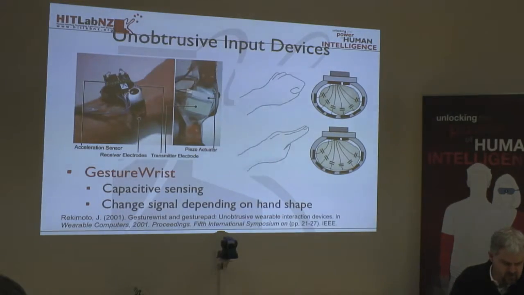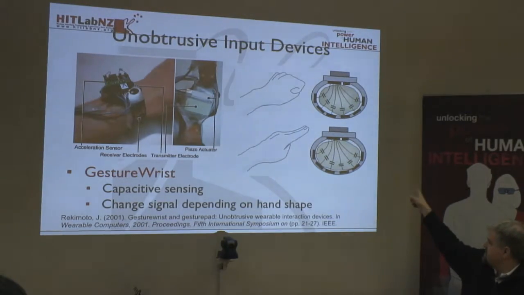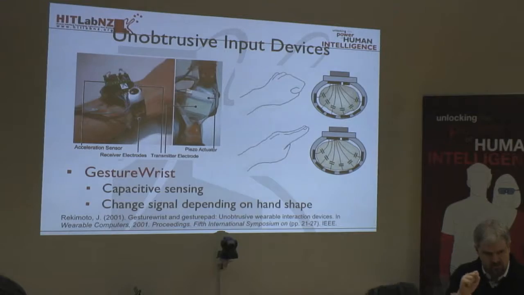Some people have been doing research on unobtrusive devices. Jun Rekimoto is working on this one, and the idea was to use capacitive sensing. If you have a capacitor wrapped around your wrist, you can see the capacitive plates, this is a cross-section of the wrist here, then as you make hand gestures, the muscles in your wrist change, and it changes the capacitive sensing reading.